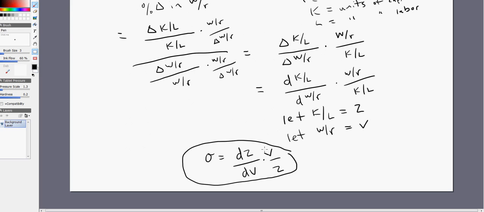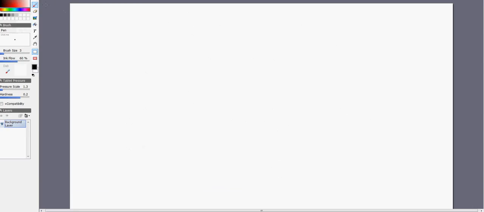Now let's go to an example. We're going to start with a Cobb-Douglas production function where the quantity of output Q equals 2 times the square root of labor, all multiplied by K units of capital. Again, our goal here is to find the elasticity of substitution.